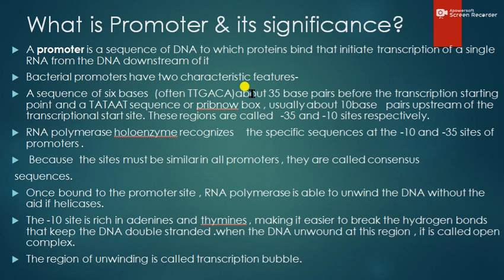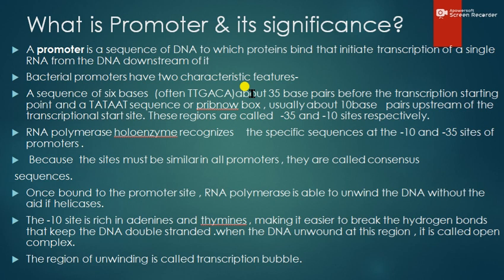And the RNA polymerase holoenzyme recognizes the specific sequences at the -10 and -35 sites of the promoters. And because they are similar in all promoters, they are called the consensus sequences. And once bound to the promoter site, the RNA polymerase is able to unwind the DNA without the help of any helicases.